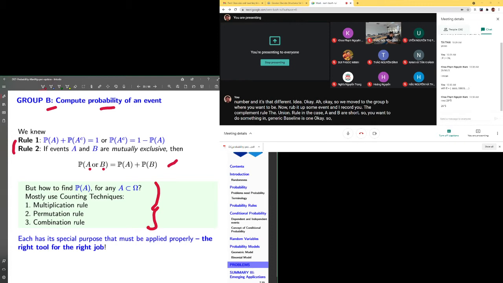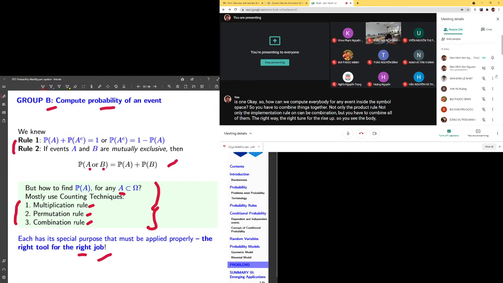How can we compute the probability of event A for any event inside the sample space? You have to combine things together, not only the product rule, not only the permutation rule or the combination, but you have to combine all of them. The right tool for the right job. So this is the policy when you solve.